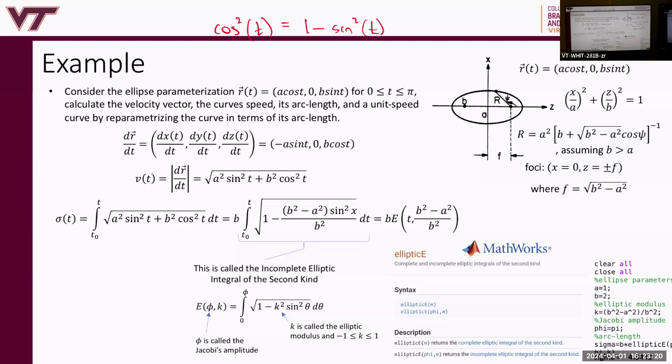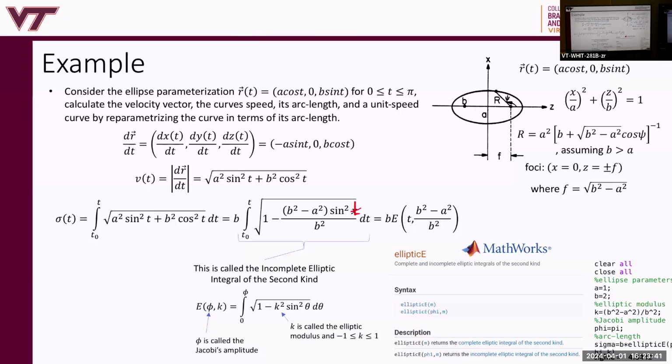And then you can plug that in and you get it. Then just factor out this b squared. Sine of t, right? Instead of sine of, yeah, that should be t. Good catch. That should be t.